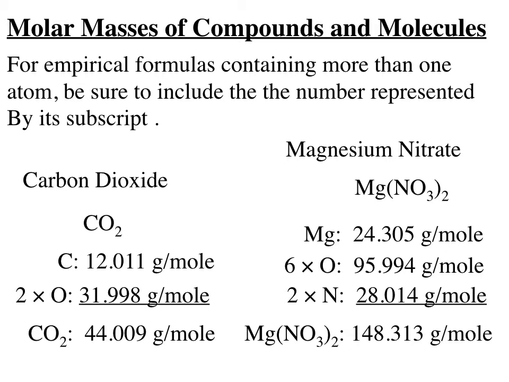So when I formulate the molar mass of magnesium nitrate, I have to weigh out 1 mole, the mass of 1 mole of magnesium, which I get from the table, find the mass of oxygen in the table, multiply it by 6, find the mass of nitrogen in the table, multiply it by 2, add all those numbers together, and to scoop up an Avogadro's number of magnesium nitrate units, I would have to scoop out 148.313 grams to get a mole of that material.